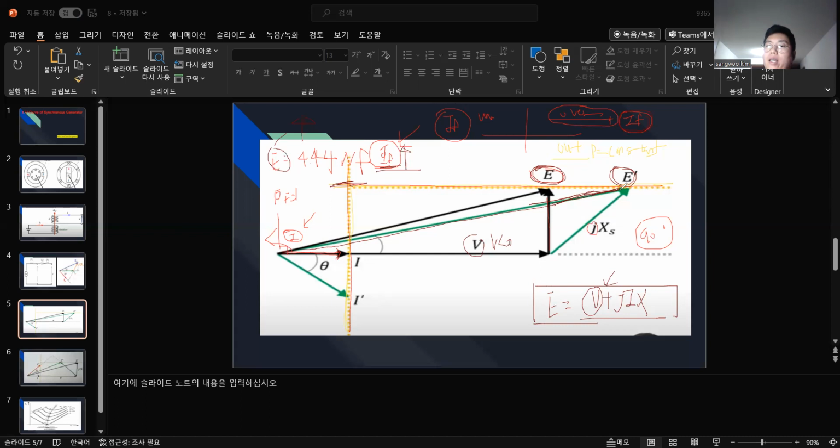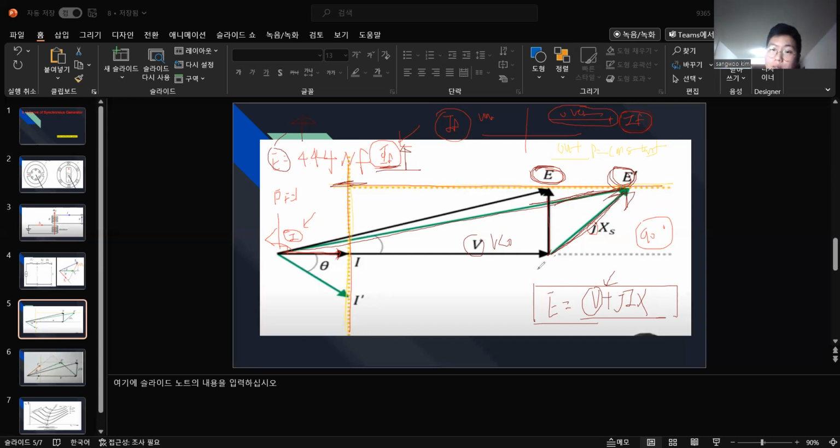If the induced E is increased, what happens here? The voltage drop. This part we call the voltage drop, right? So this drop becomes higher. You know what I mean? The magnitude of the loss is getting bigger.